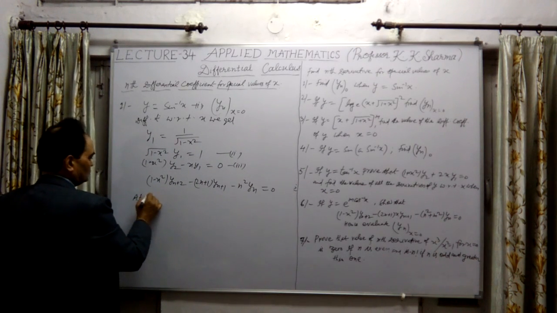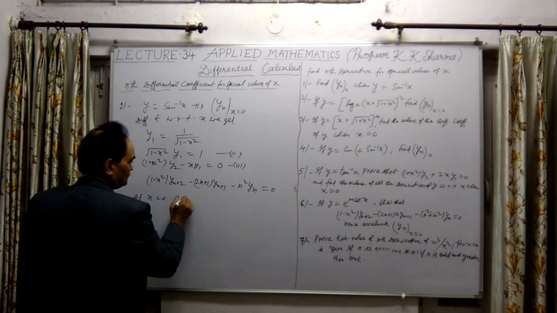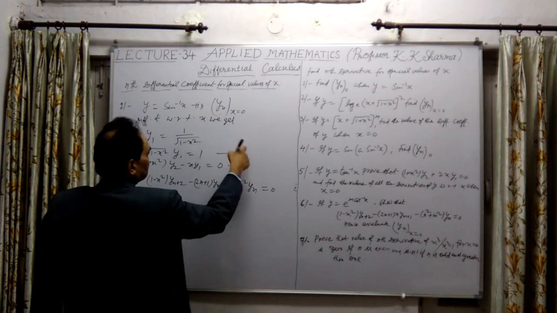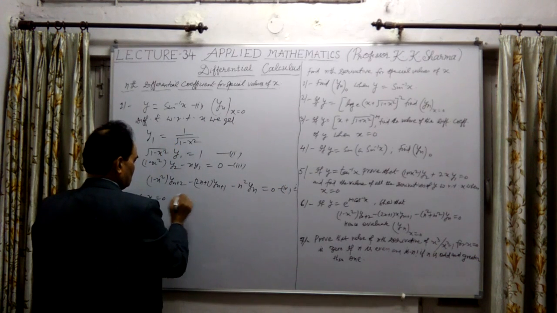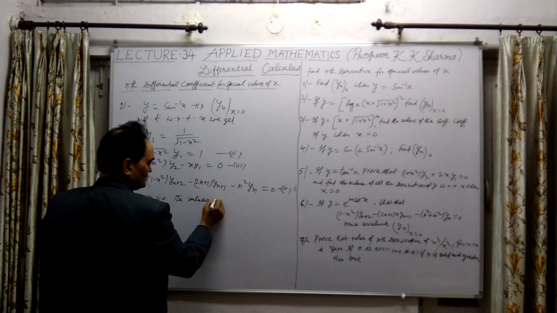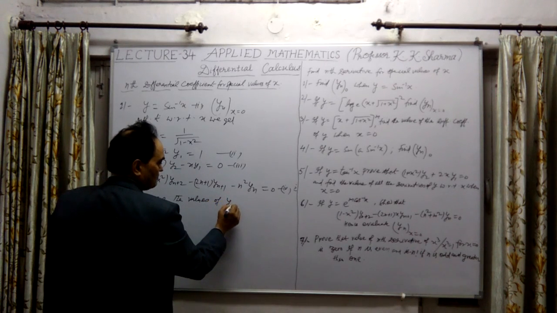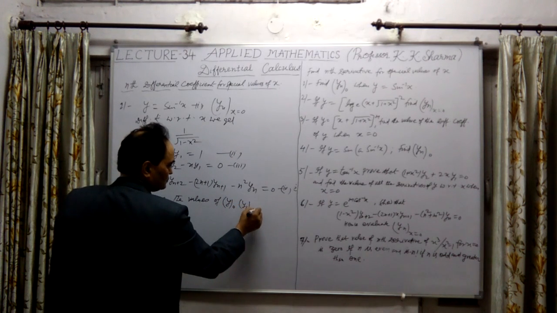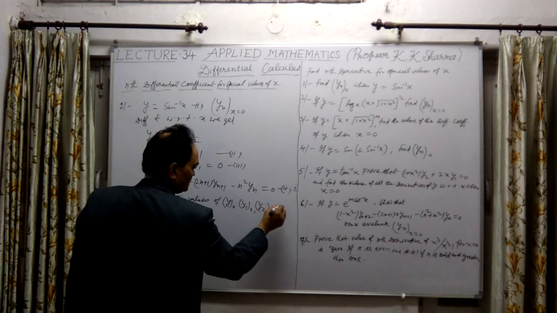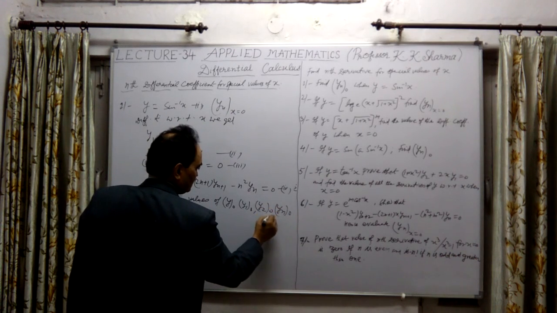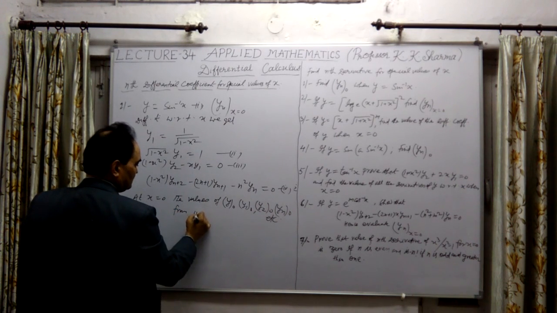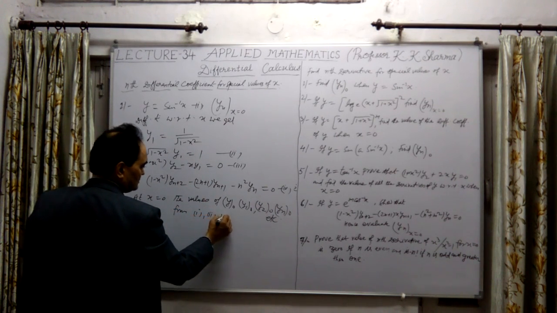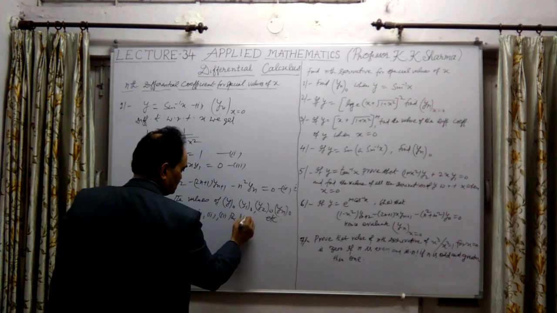So at x equal to 0, the values of y at 0, y1 at 0, y2 at 0, yn at 0, etc. Okay, from first, second, third, and fourth, we get.